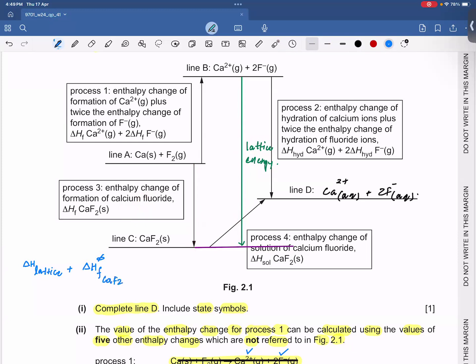And since this arrow is opposite to lattice energy, I'll take these two values with a negative sign.